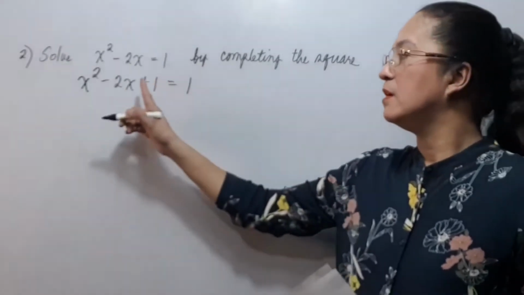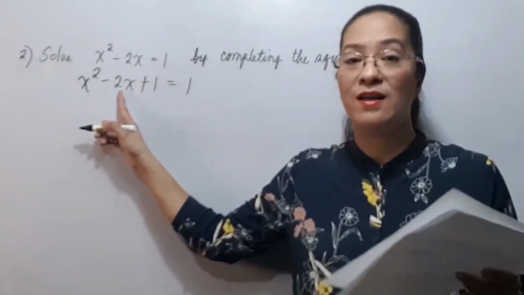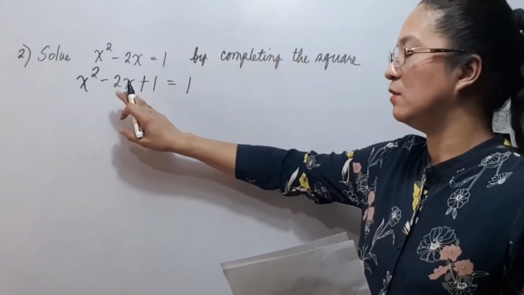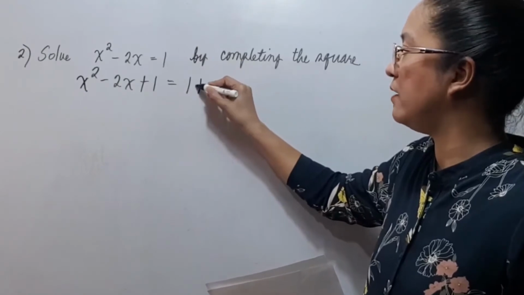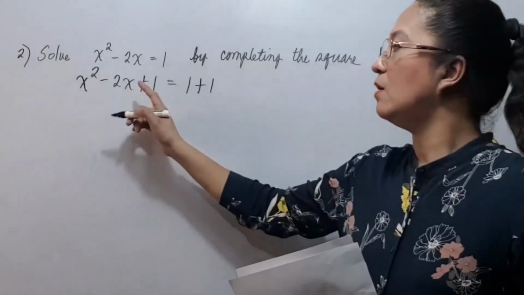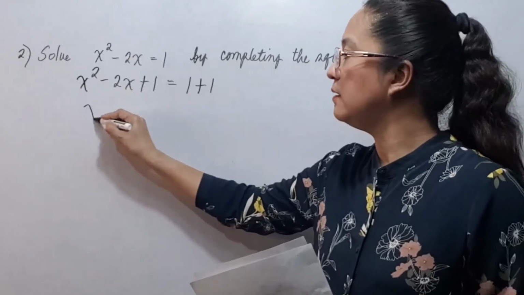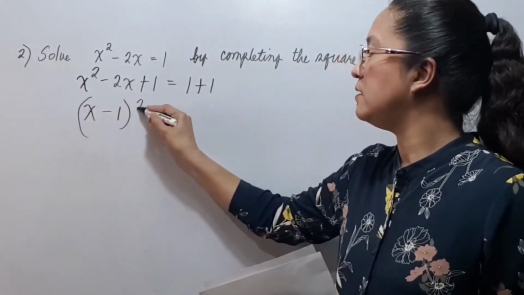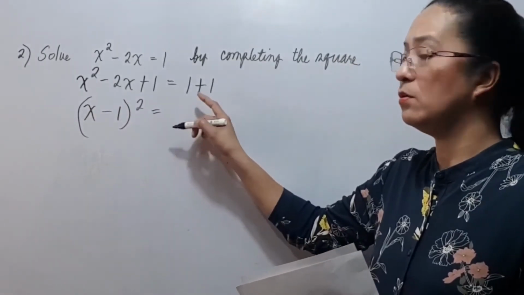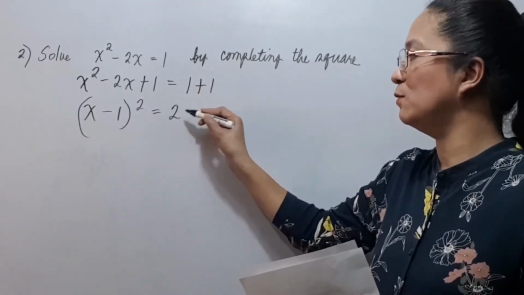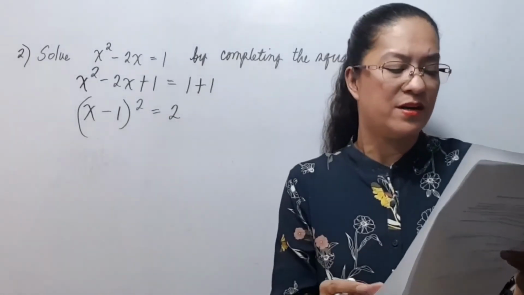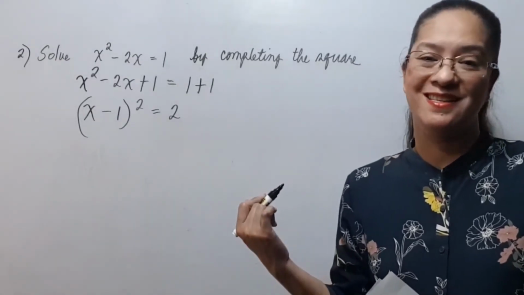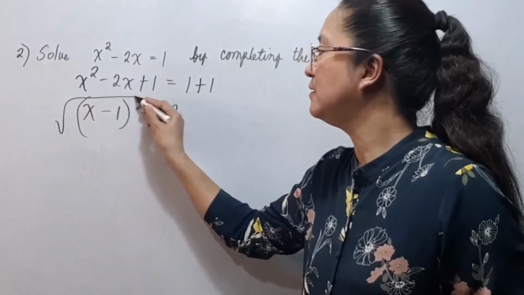Bakit 1? 2 divided by 2 is 1. 1 squared is 1. Okay, so since you added 1 to the left side, we also add 1 here. Okay? So, this is a perfect square trinomial. So, yung factors niya ay x minus 1 quantity squared is equal to 1 plus 1 is 2. Okay, so our next step is to get the square root of both sides. No? So get the square root.